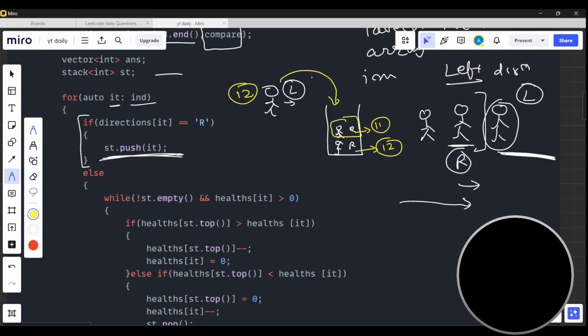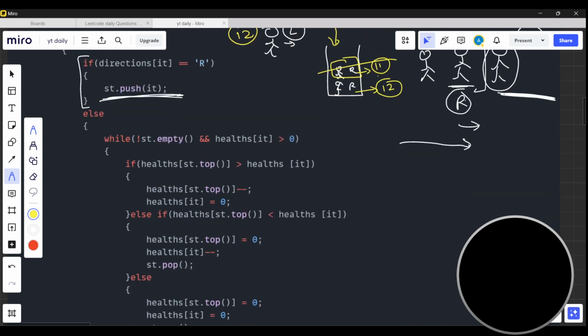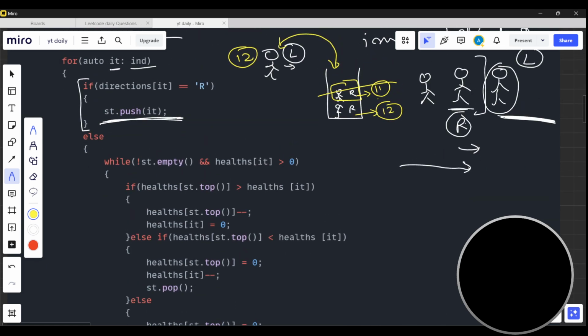So the collision occurs between these two, and this will get killed. Means the stack top. And if the stack top has less value than the present robot which is moving in left direction, I can say stack top gets killed.